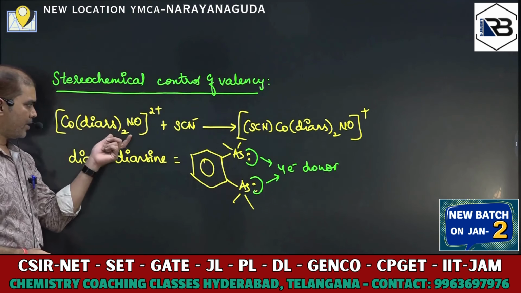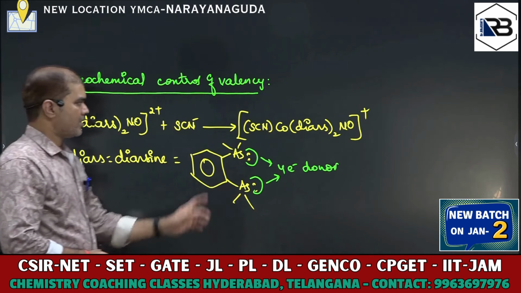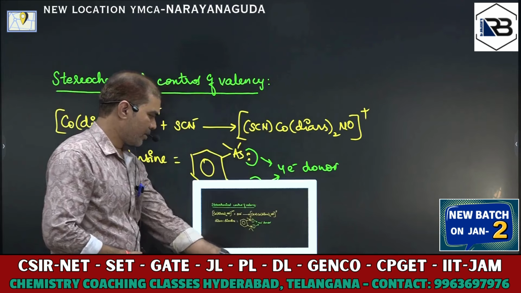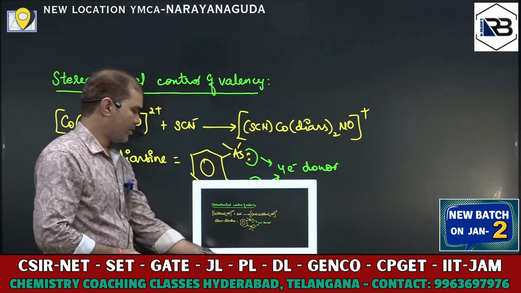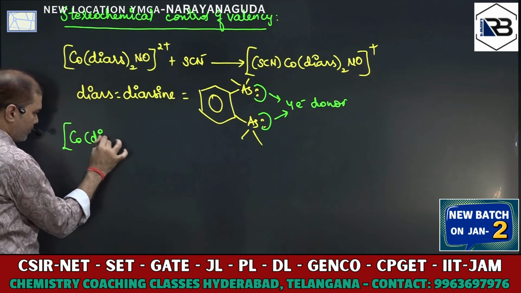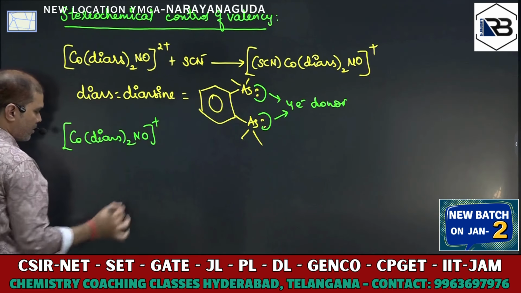So for the reactant or the substrate, slowly we are adding a thiocyanate, and once it is added, the thiocyanate is getting inserted. We'll see the electron count of the reactant as well as the product. The reactant is cobalt, diars taken twice, NO plus.